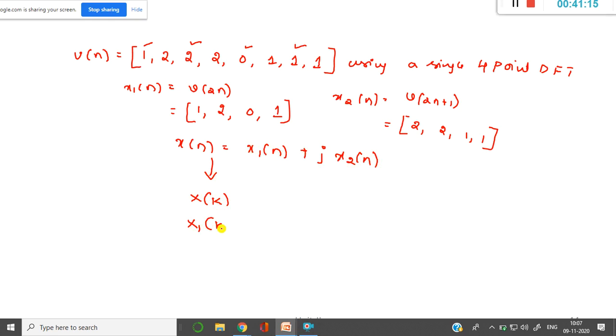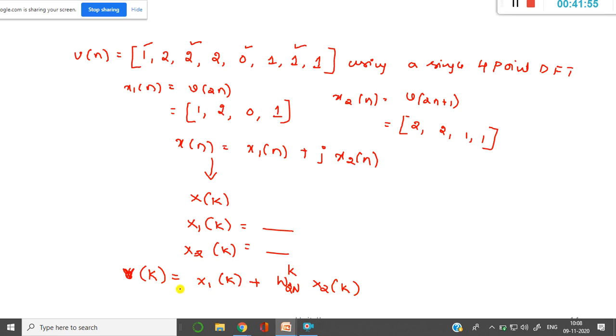Now after obtaining the DFT, you are supposed to obtain the values of x1 of k and x2 of k. Then you are supposed to obtain the value of v of k, where you use the formula that we derived right now. V of k is nothing but x1 of k plus w2n to the power of k times x2 of k.